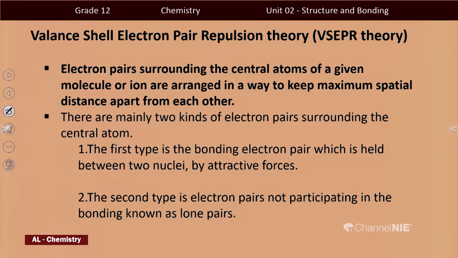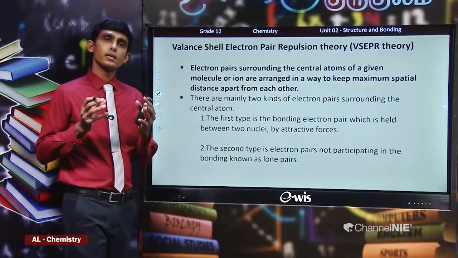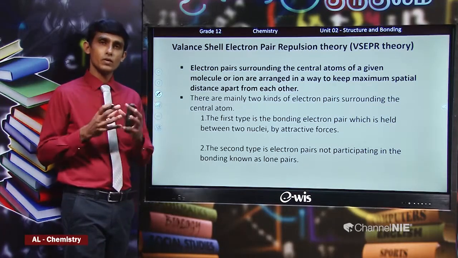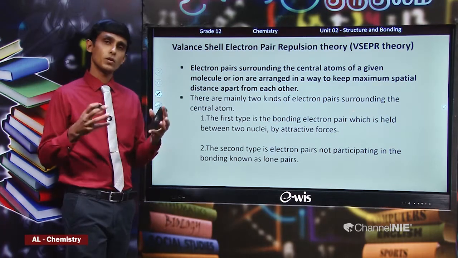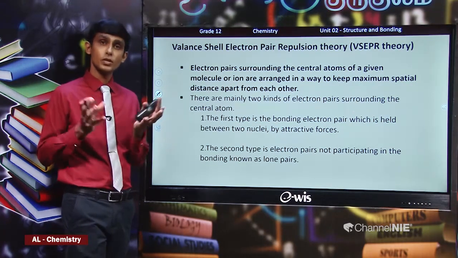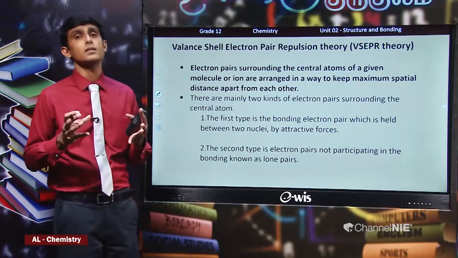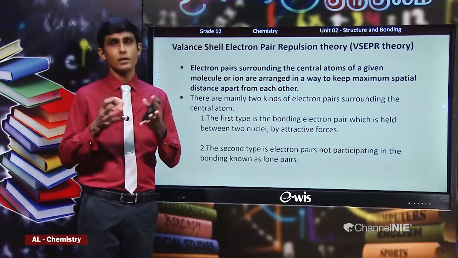When it comes to bonding electron pairs, there are two types of bonds we know. Bonds formed by the linear overlapping of orbitals are sigma bonds, and bonds formed by the lateral or partial overlapping of atomic orbitals are known as pi bonds.